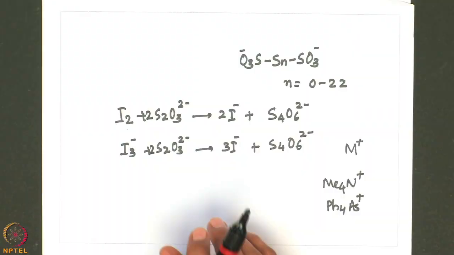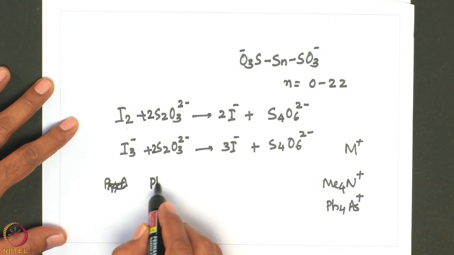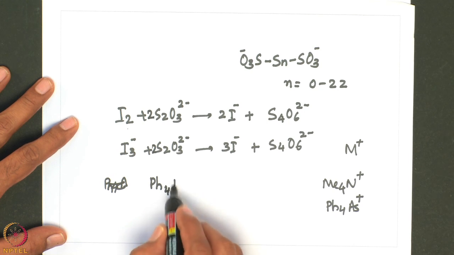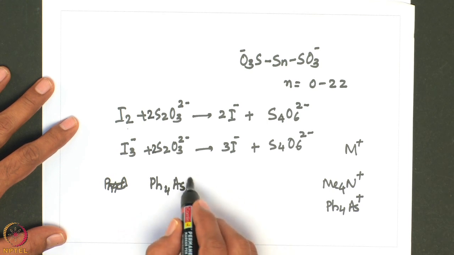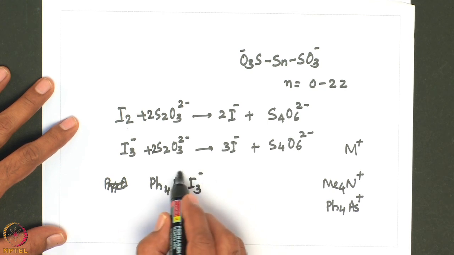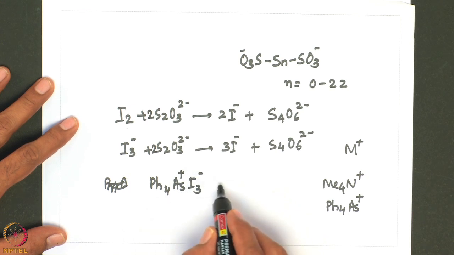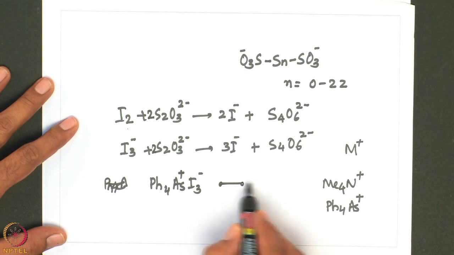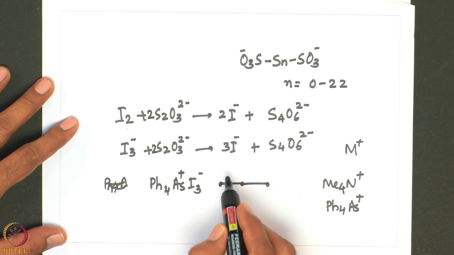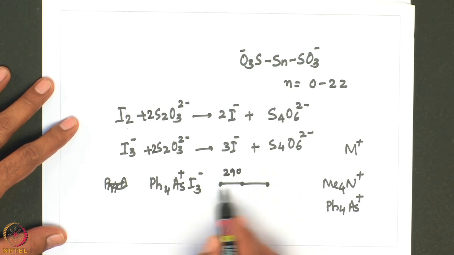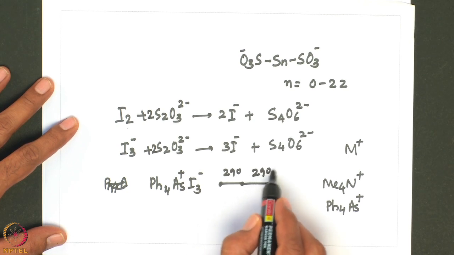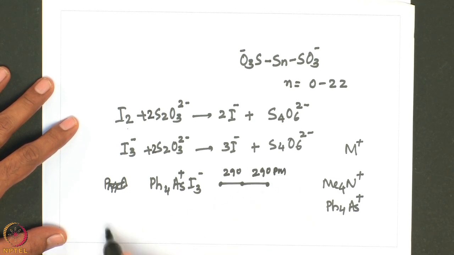For example, if we look into Ph4As I3, and if you just look into the I3 minus here, I3 minus is symmetric, the I-I distance is 290 picometer, very symmetrical.